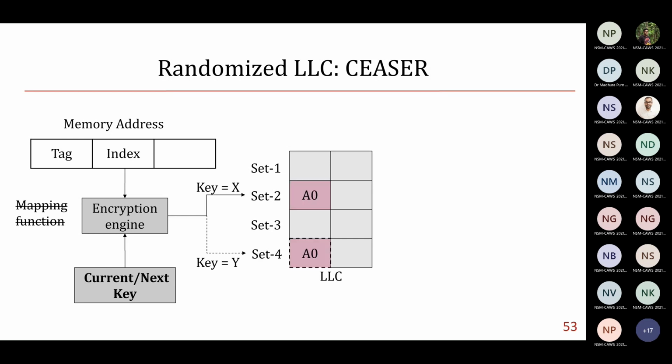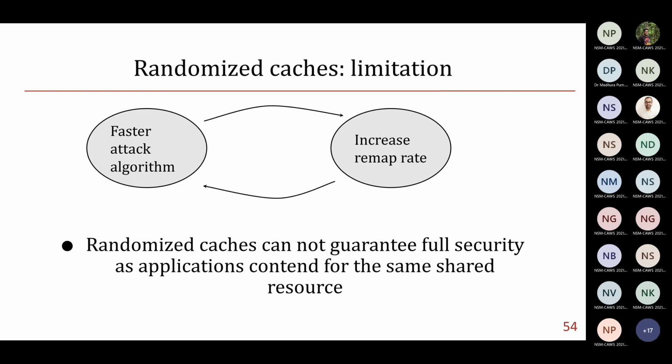Okay. So one limitation of this kind of mitigation technique is that we are just breaking the determinism between the address and indexing, right? But the cache is still shared among multiple applications, or attacker and victim.